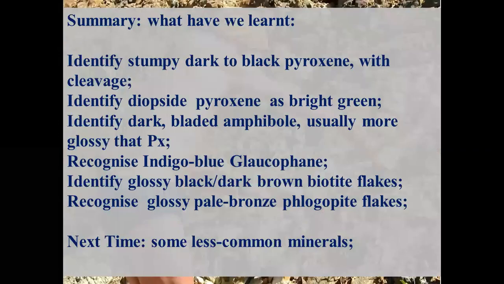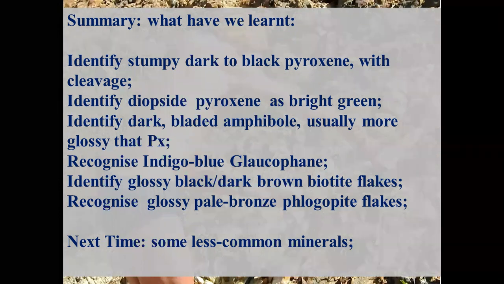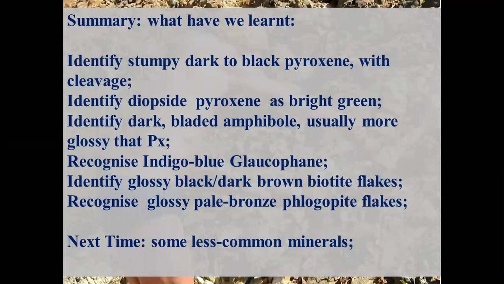Right, okay, pull that together now. So where are we? Where have we got to? What have we come to? Well, if we see stumpy dark black things, and they've got cleavage along the longer axes, we can be more or less assured that those are pyroxenes, particularly if they are sort of subvitreous in their luster.